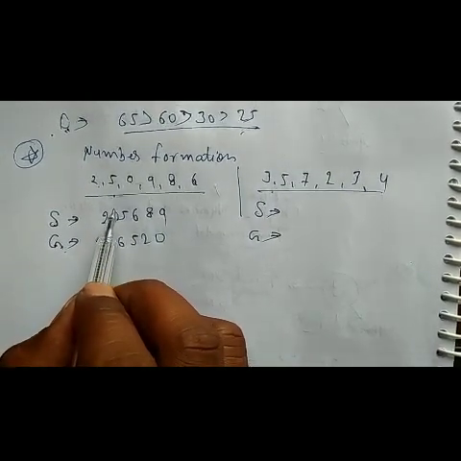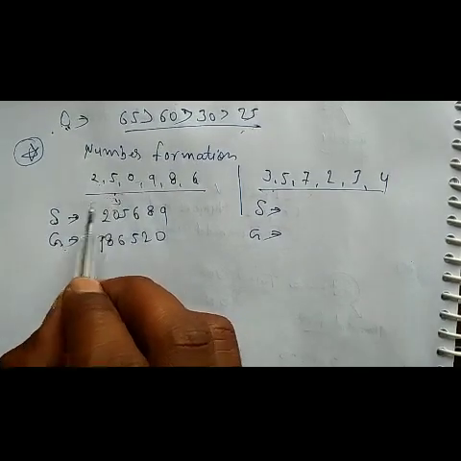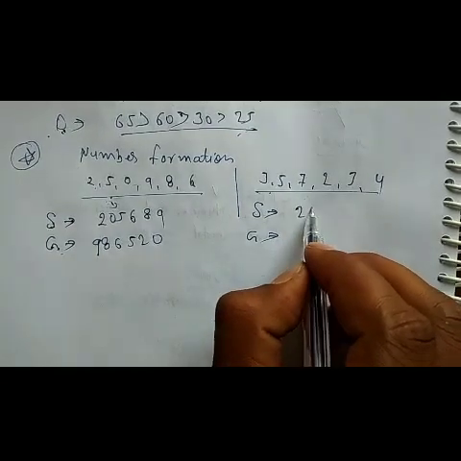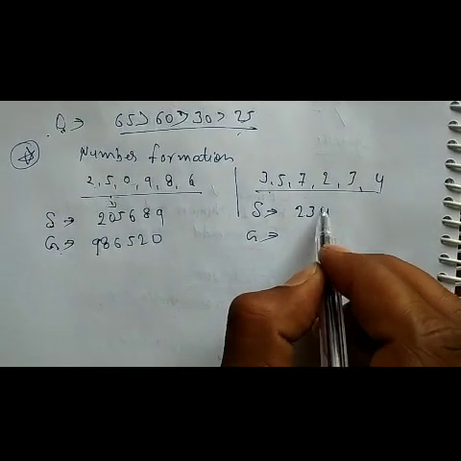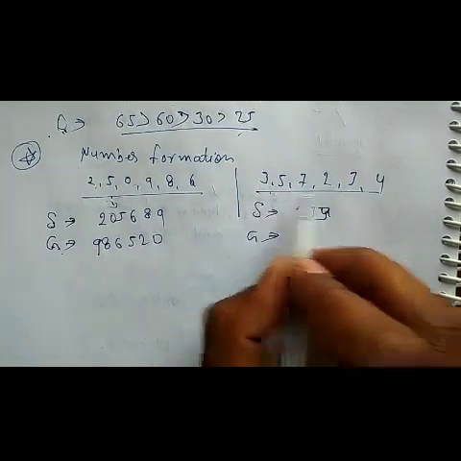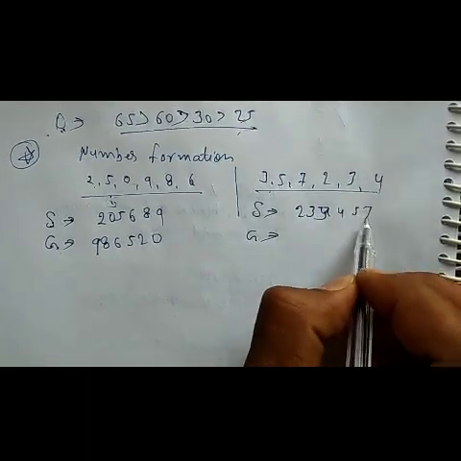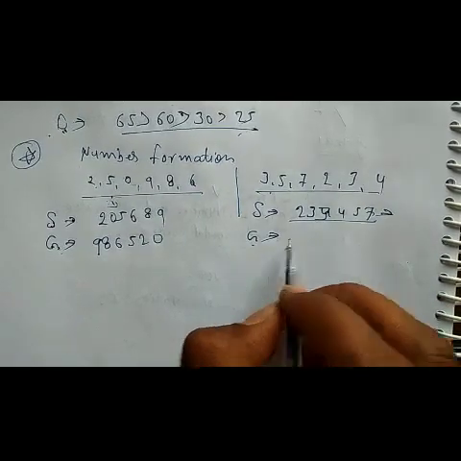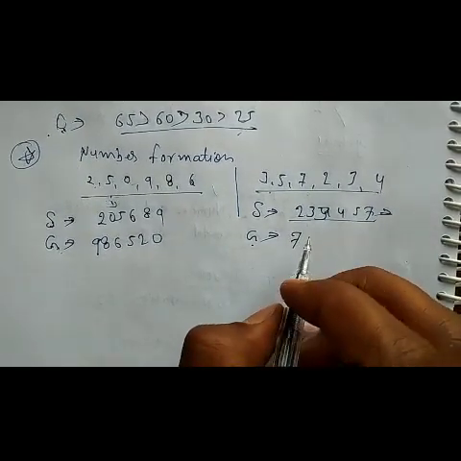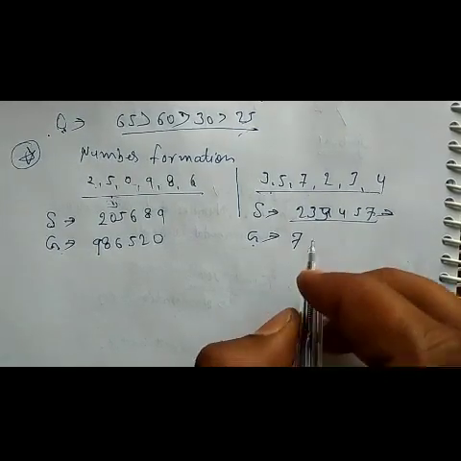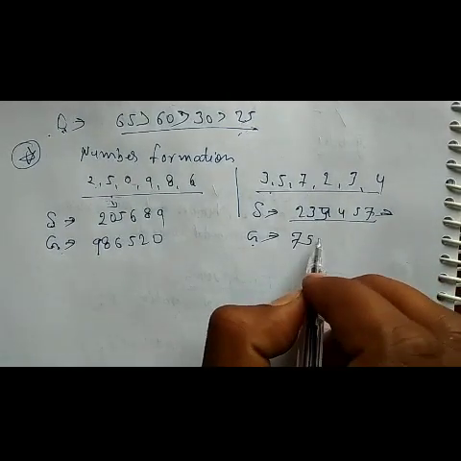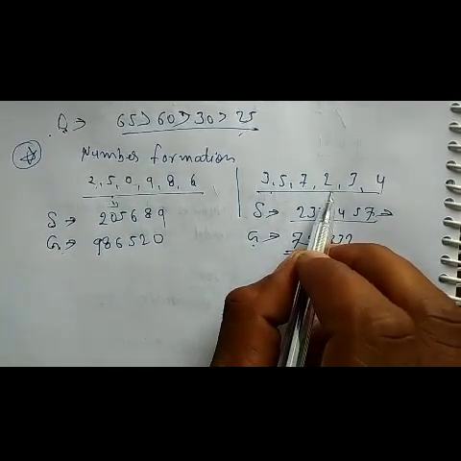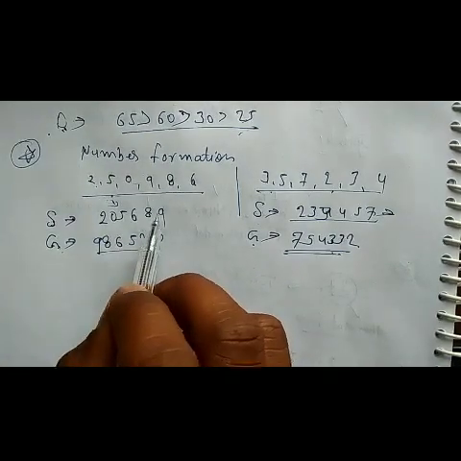But in the second case there is no 0, so simply arrange the digits 2, 3, 3, 4, 5, 7 in ascending order to form the smallest number. To form the greatest number, arrange the digits in descending order. This will be the greatest number using these digits.